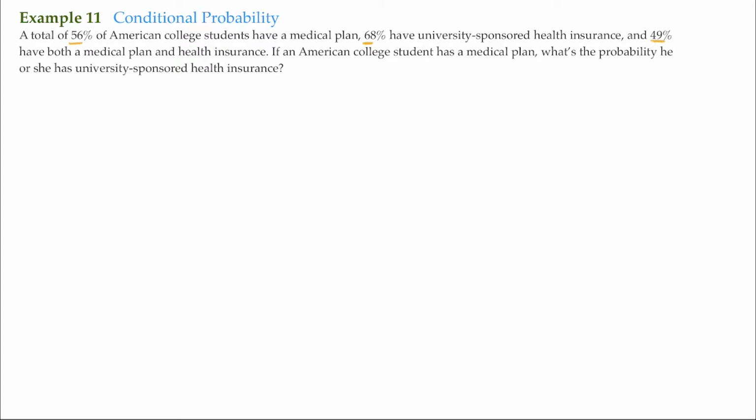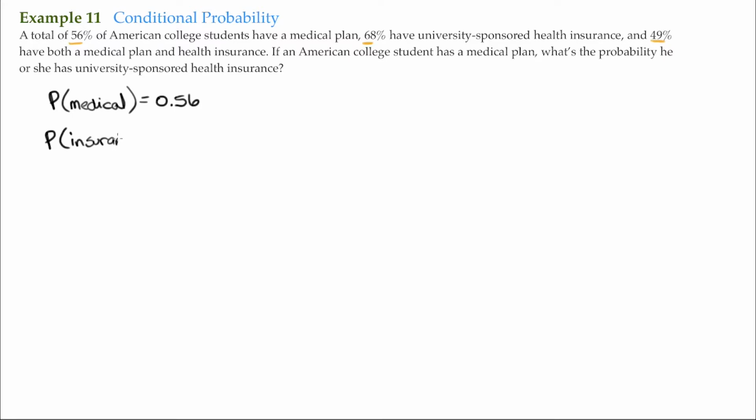So one of the first things I'm going to do is I'm just going to list all these events and their corresponding probabilities. So I have the probability of a college student has a medical plan. So how about if I go the probability of medical? And that, of course, is 56%. Then I have 68% have university-sponsored health insurance. So how about if I go insurance?